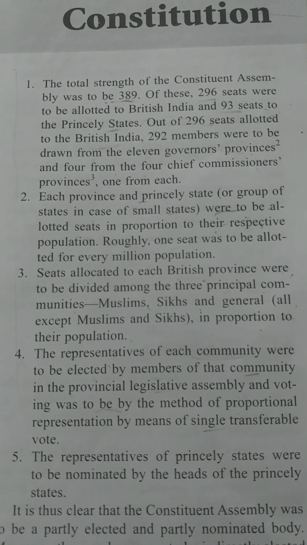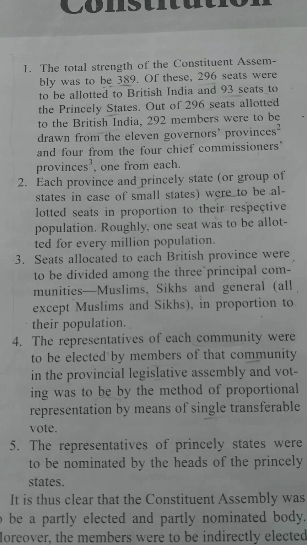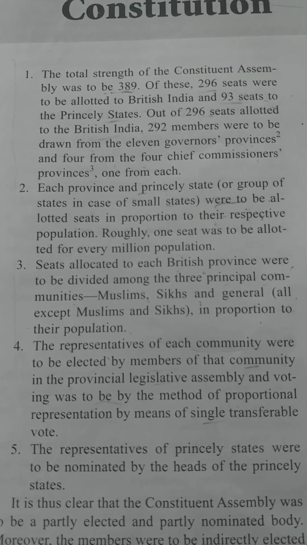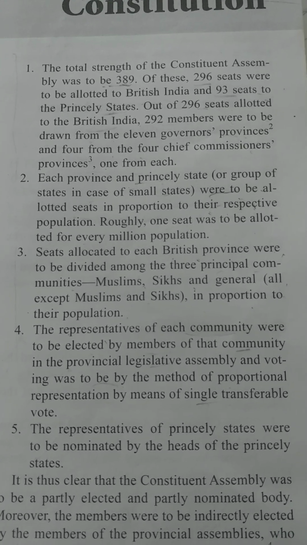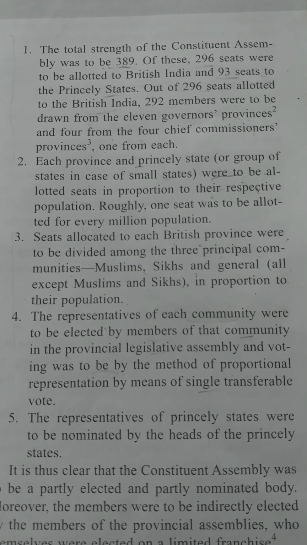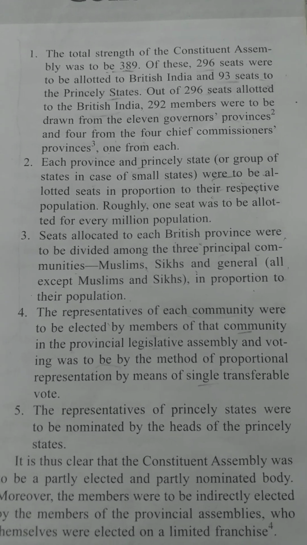Seats allotted to each British province were to be divided among the three principal communities: Muslims, Sikhs, and General (all except Muslims and Sikhs), in proportion to their population.